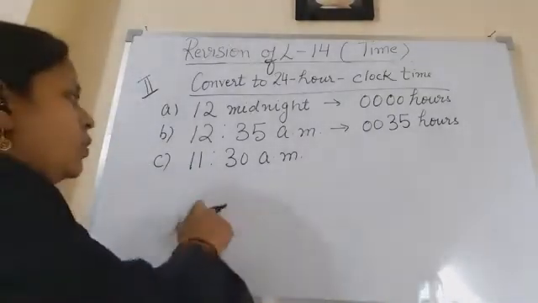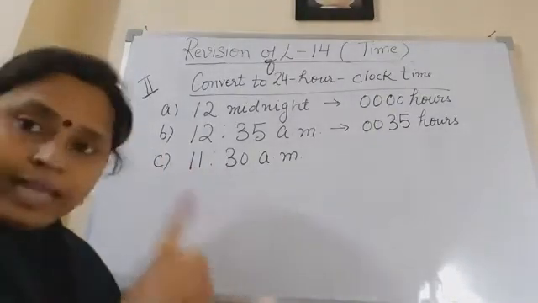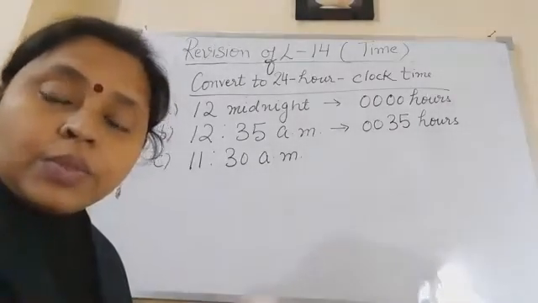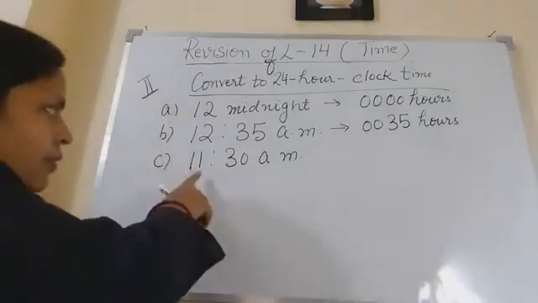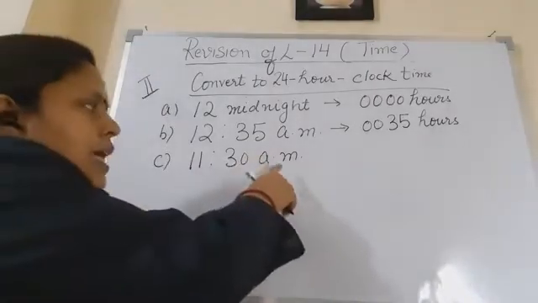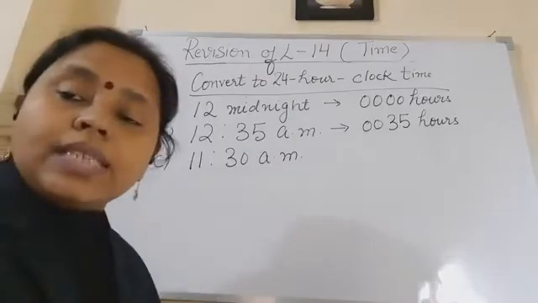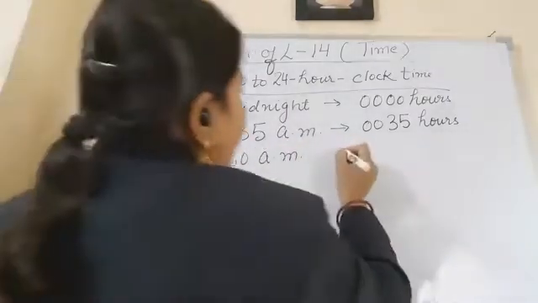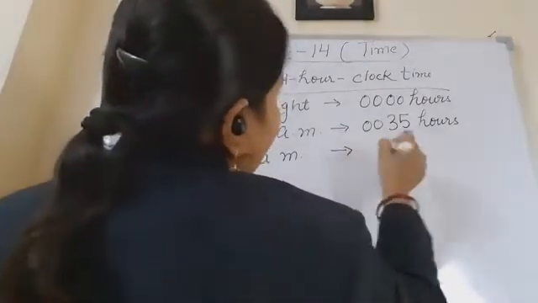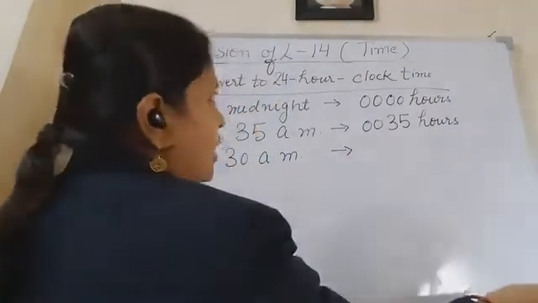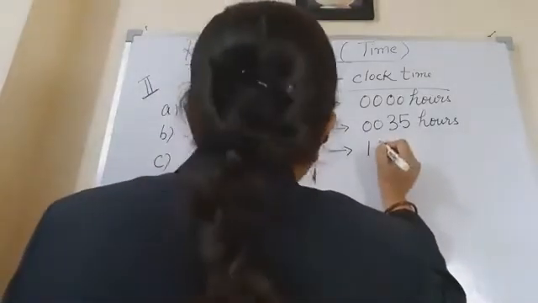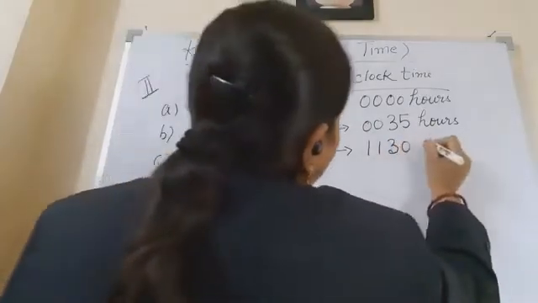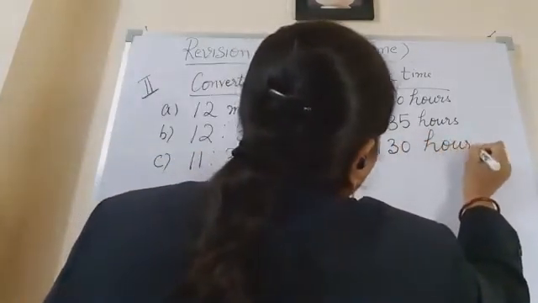Moreover, 11 refers to 11 hours, and since this time is in AM, so this is the time before midday, and before midday time is always less than 12, so that time when it is converted to 24-hour clock time, it will be written as 11 and the minute is 30, so 11:30 hours. Clear children?